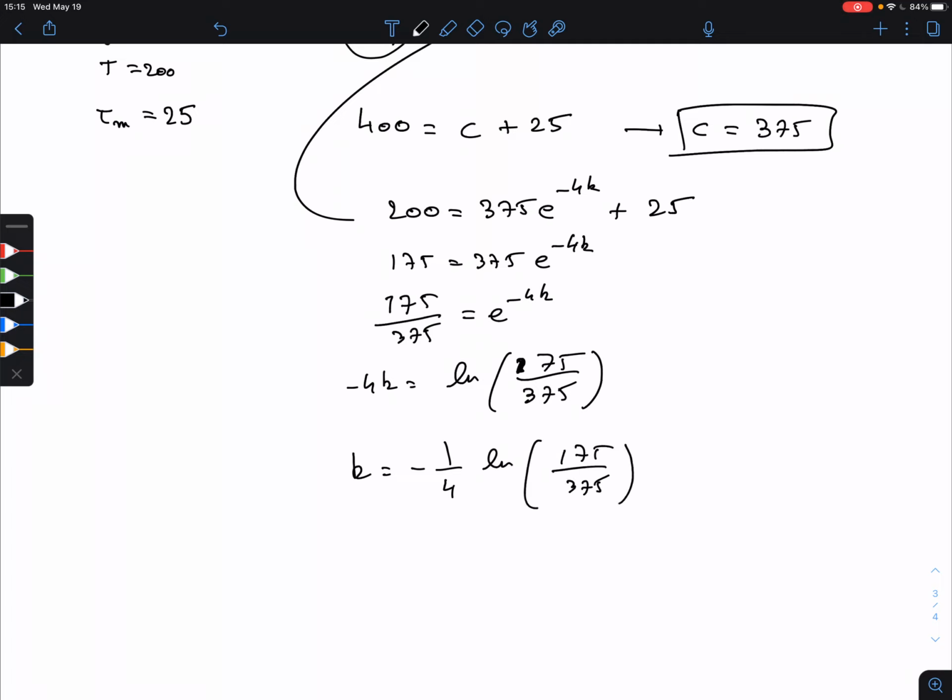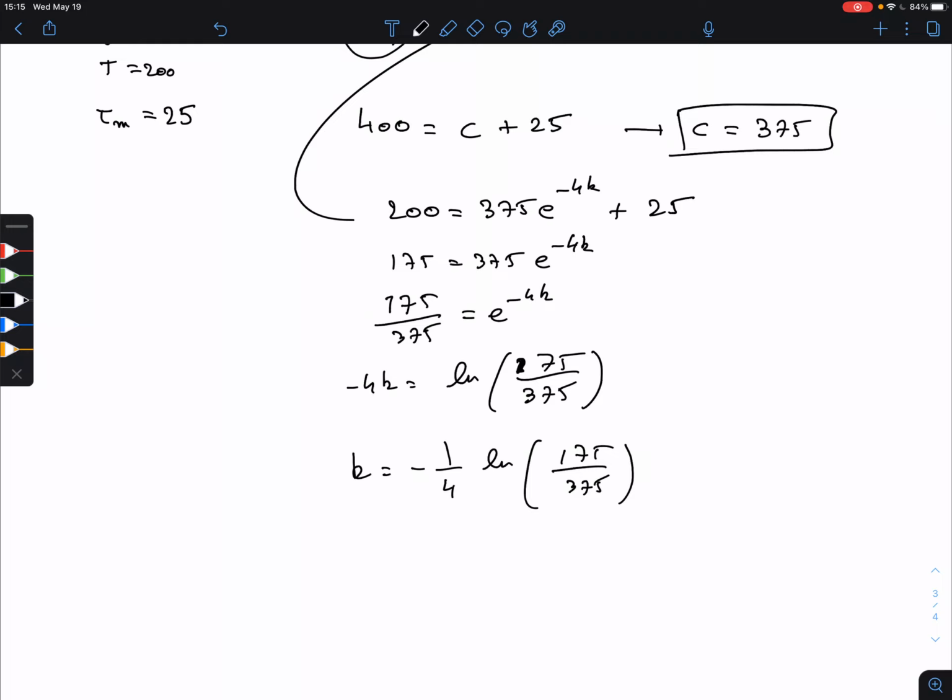Let's see, I think they calculated this for us. No, they didn't. Okay, let me calculate that number for you. I never trust my calculator because I have to do this on a very rudimentary iPad kind of thing. Let's clear everything here.